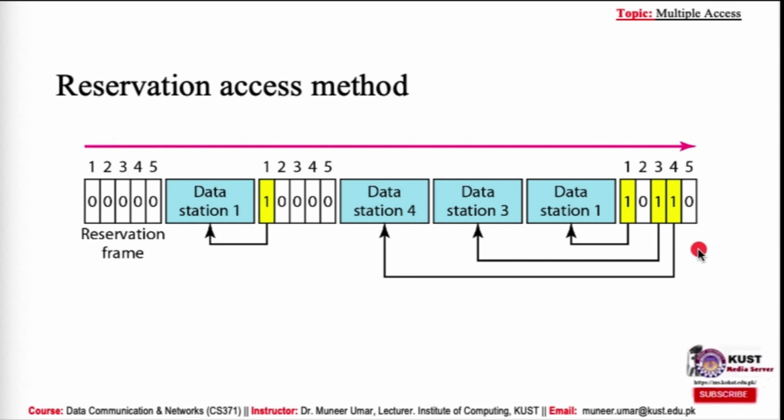In this figure, we have 5 stations, so for each station there is one mini slot. So we have 5 mini slots. These all are reservation frames. In the first interval, stations 1, 3, and 4 made reservations and transmitted their data, while in the second interval only station 1 made a reservation to transmit its data.